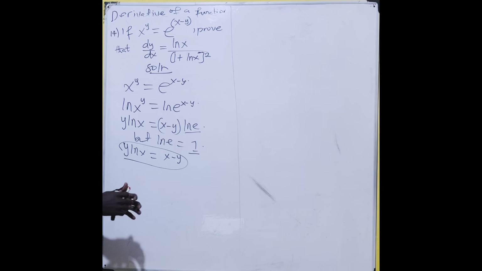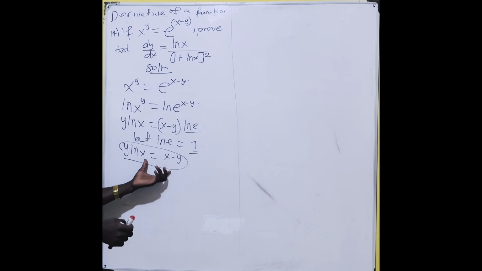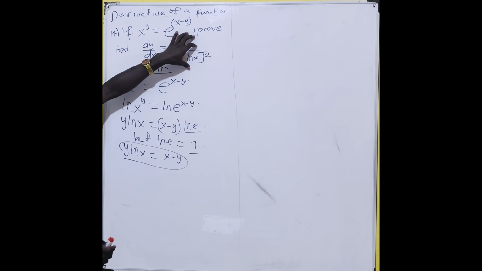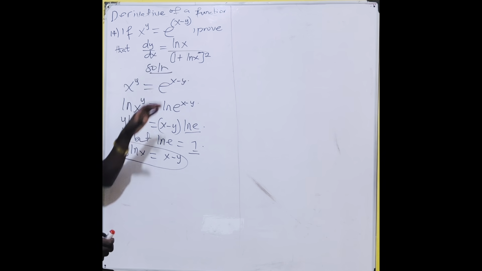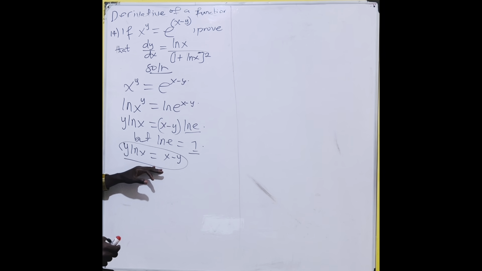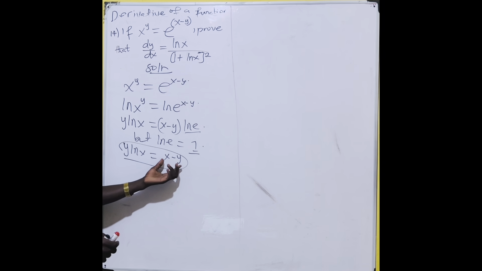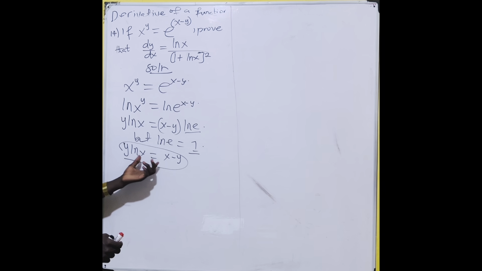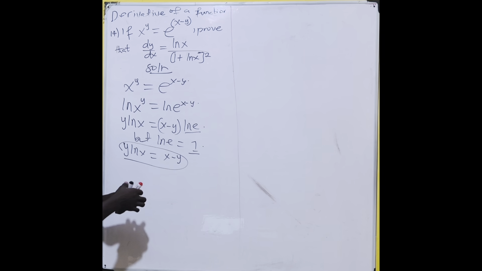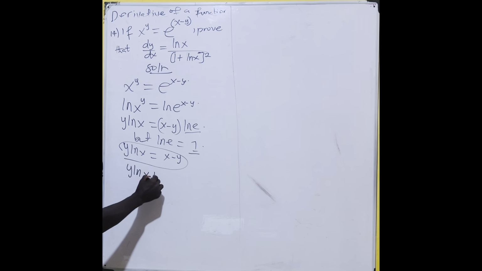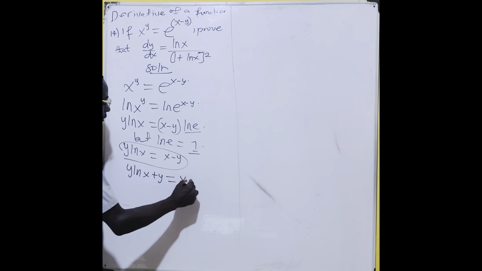And we want to differentiate it so that we can have this that we have right here. Okay, so now let's group like terms and put all y to one side and put all x to one side. So here we are going to have y ln x plus y equals x.